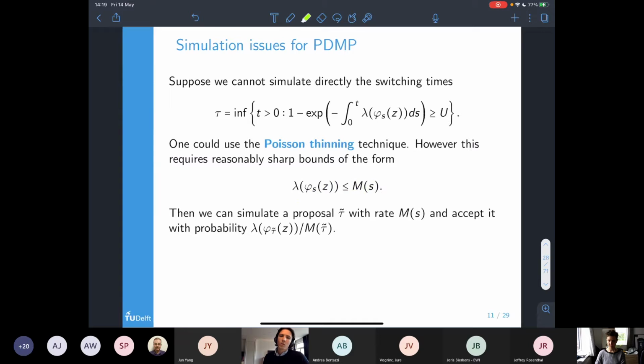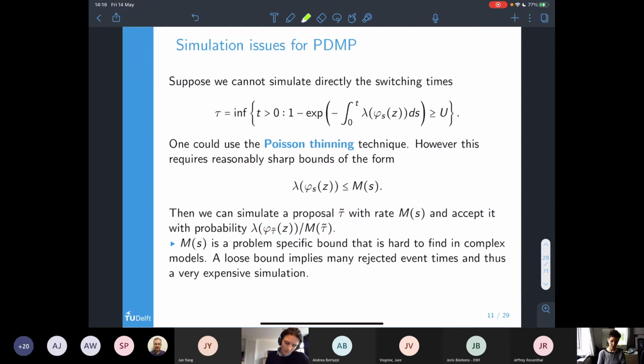And once we have that, we can simulate a proposal for the next event time, which we will denote by tilde, by simply using rate m(s) instead of lambda along the flow. And then of course this will not be from the correct distribution unless we make an acceptance-rejection step that in this case corresponds to acceptance with this probability, this ratio, and this is how it works.